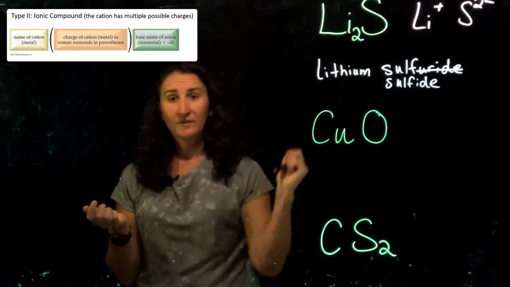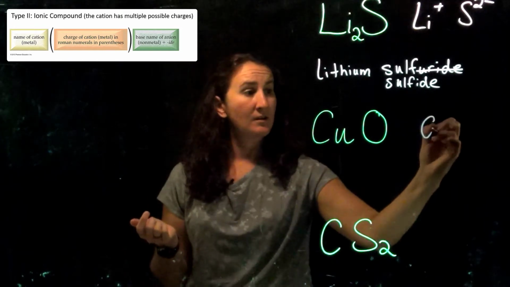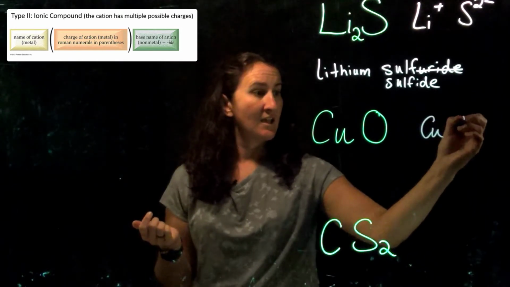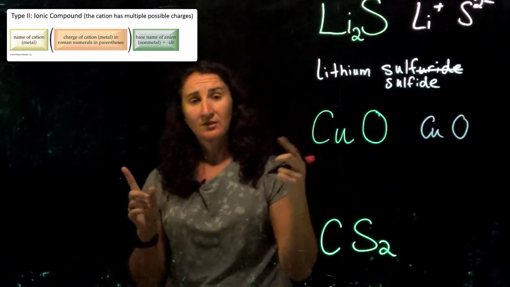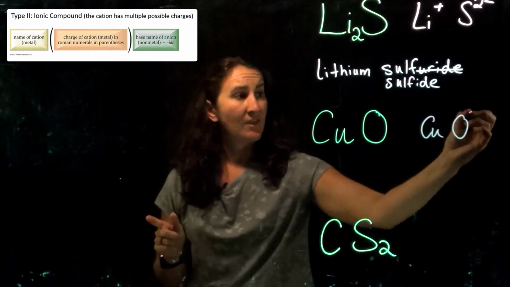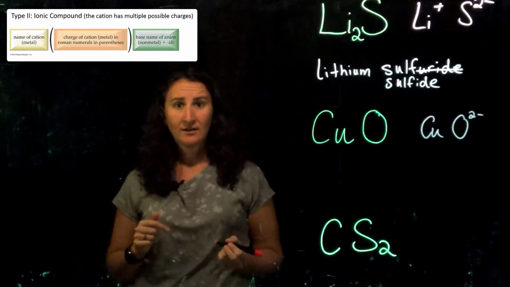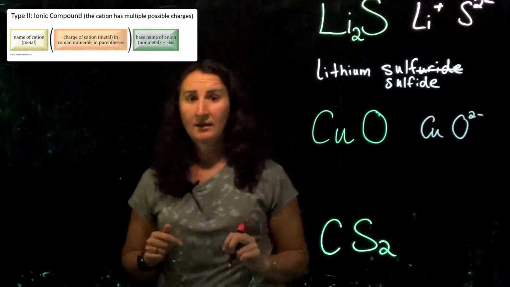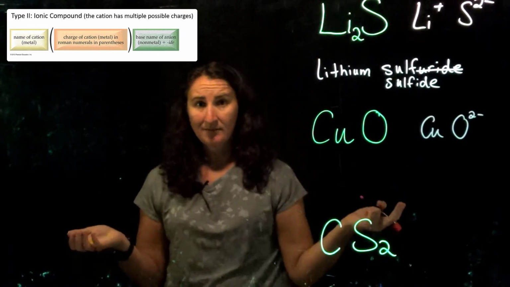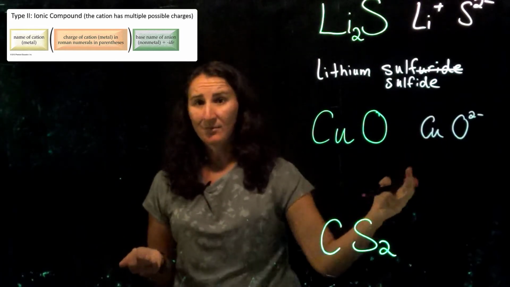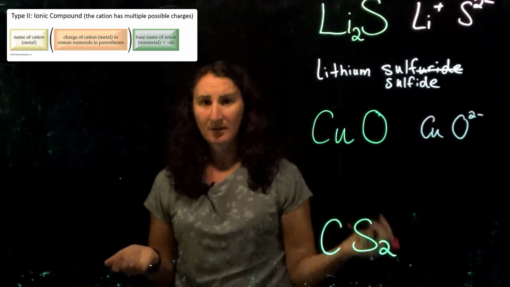Same way we did it before with the charges. So copper, we need to figure out what its charge is. And oxygen, we know its charge. Our anions, we always know its charge. So you look at your periodic table and you find out the oxygen is 2-. So if this is 1 to 1, we know oxygen is 2-. What should copper be then? If it's +1, those aren't going to balance out because then the 2 and the 1 would carry down.